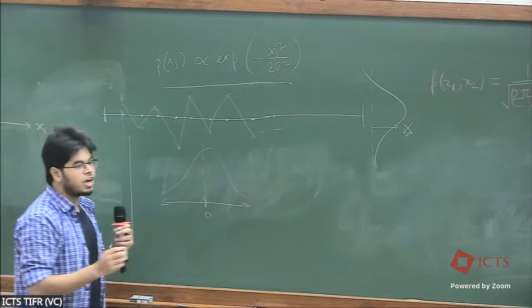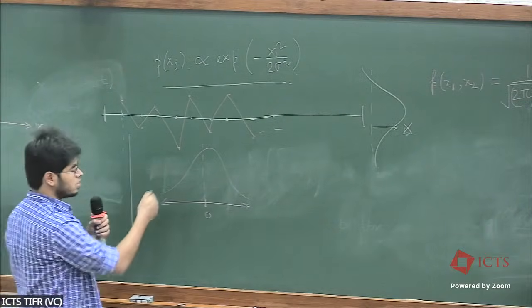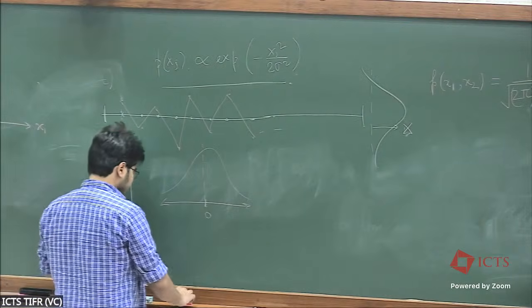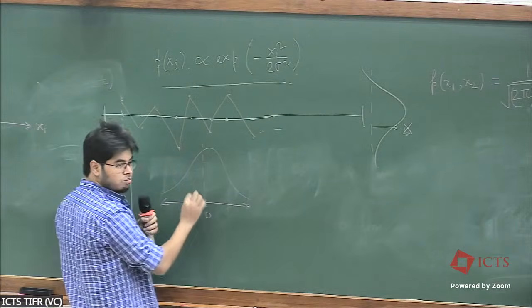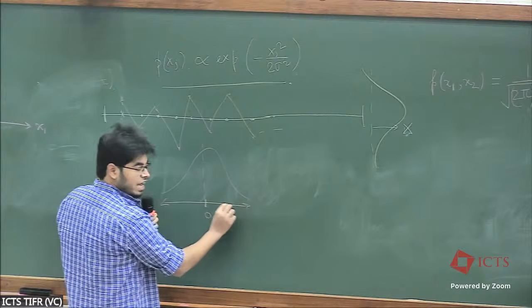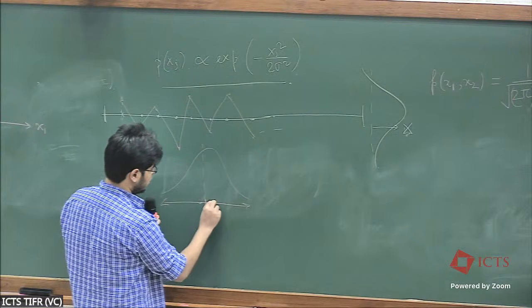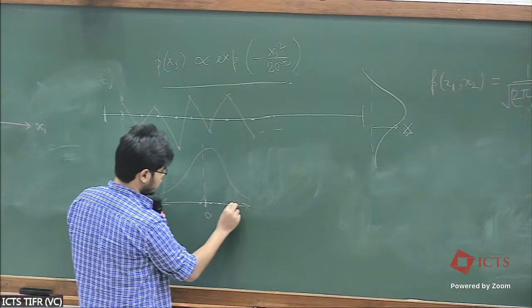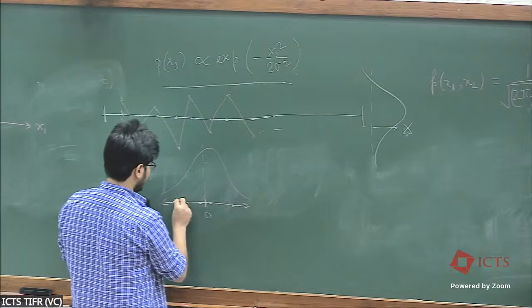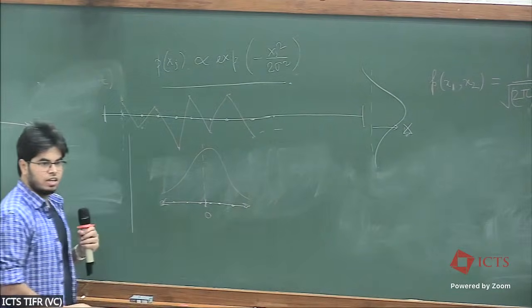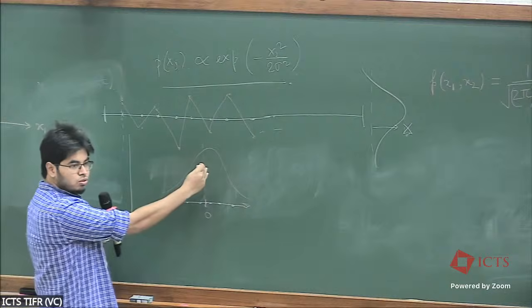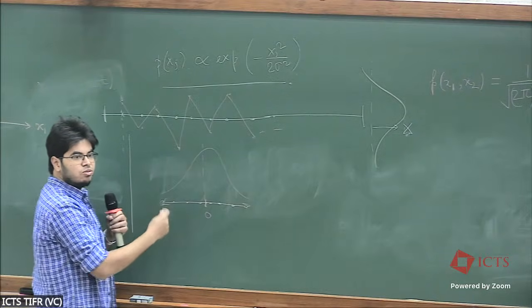What do you mean by I want to sample from this distribution? You mean that I want to draw numbers on this x-axis, so that they are distributed in proportion to the probability value of this.